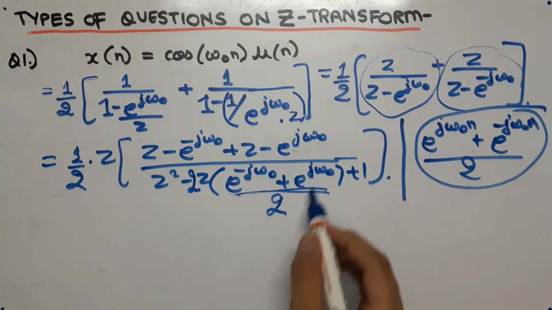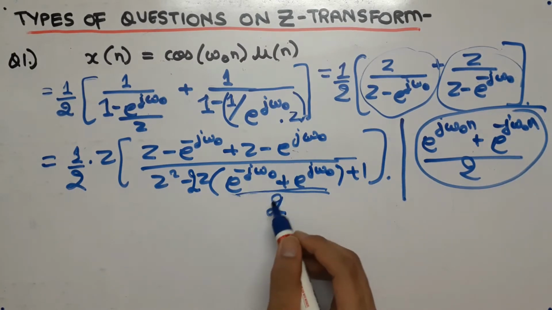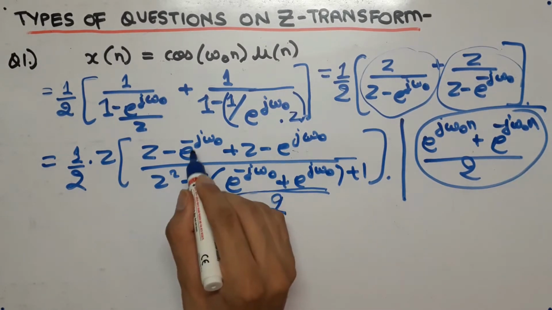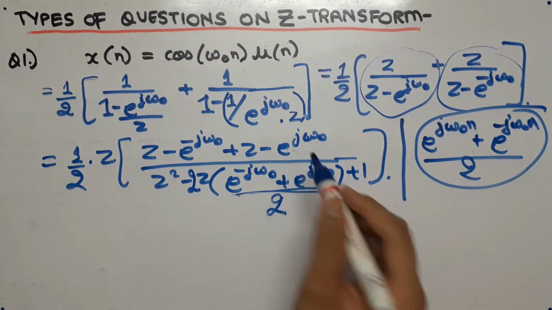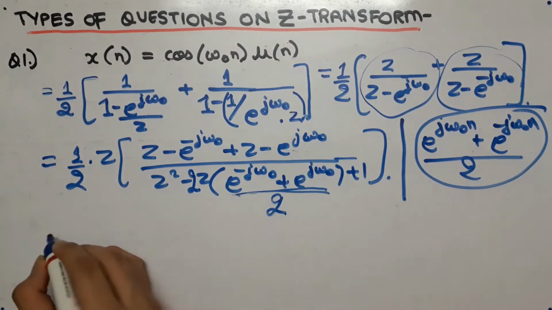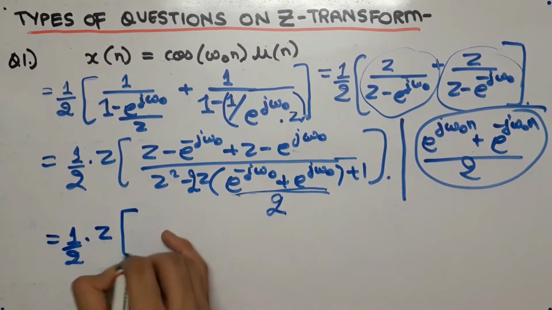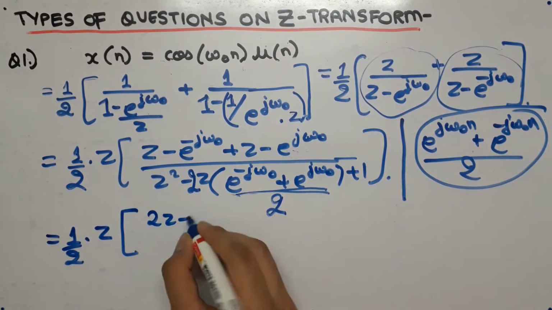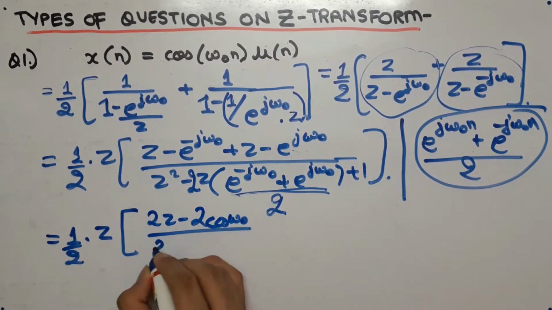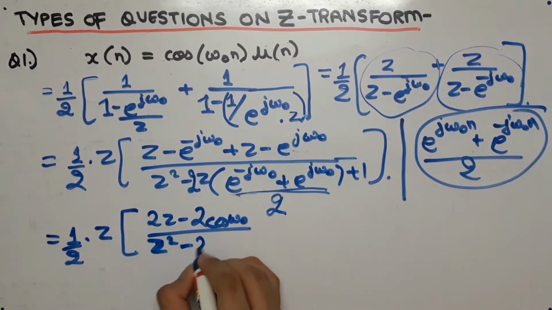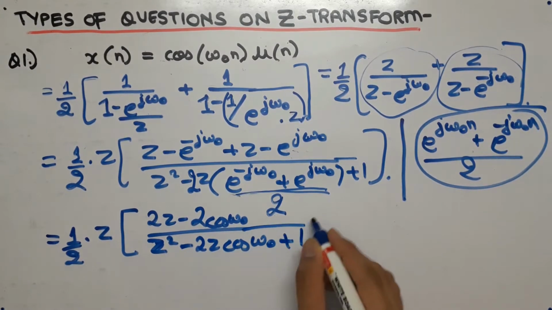So now we can write this part as cos omega naught. And similarly, we will do the same thing over here. That is, we will bring these two together and divide and multiply it by 2, and then we will replace it by cos omega naught. That is, on doing that, we will get 1 by 2 into z upon 2z minus 2 cos omega naught upon z square minus 2z cos omega naught plus 1.